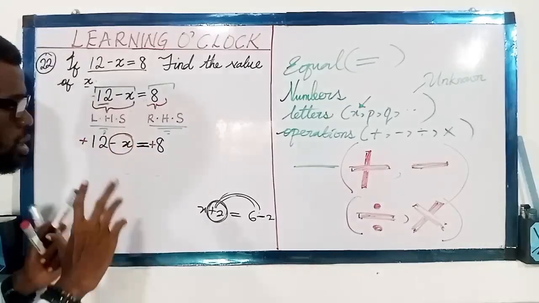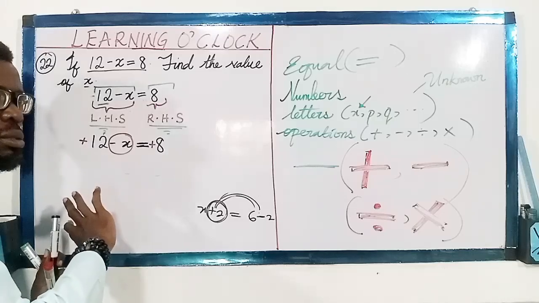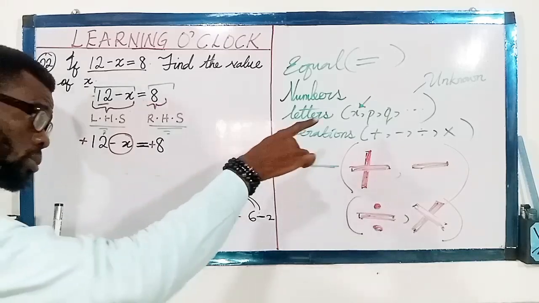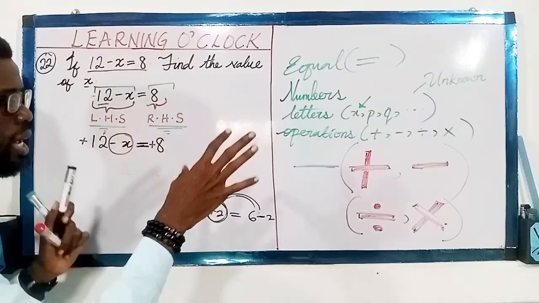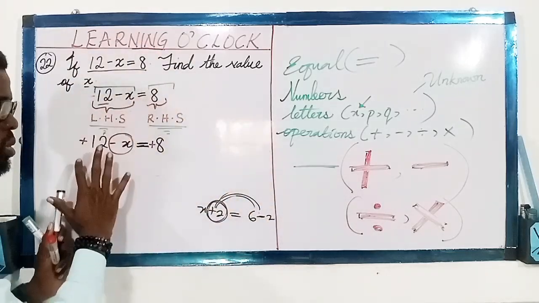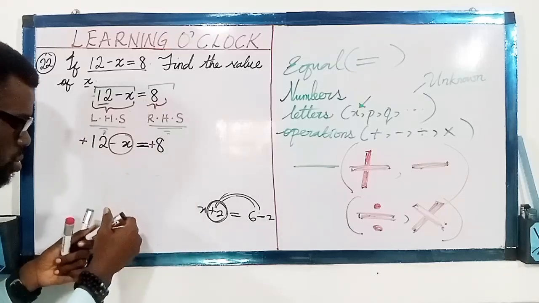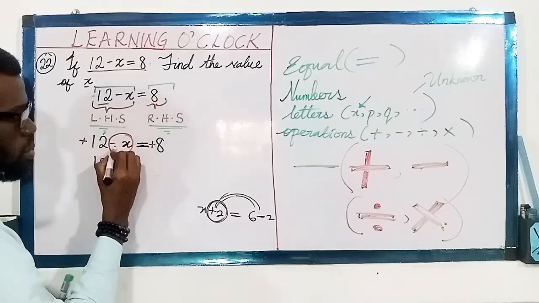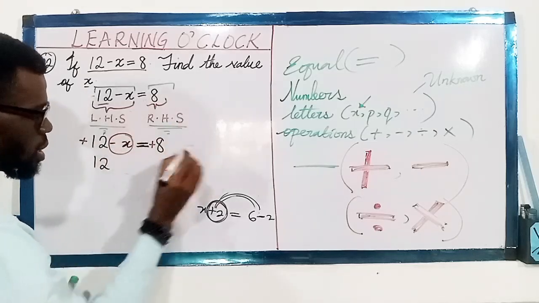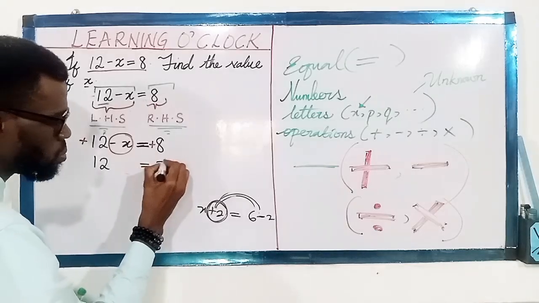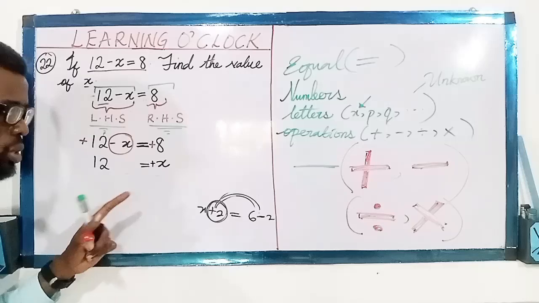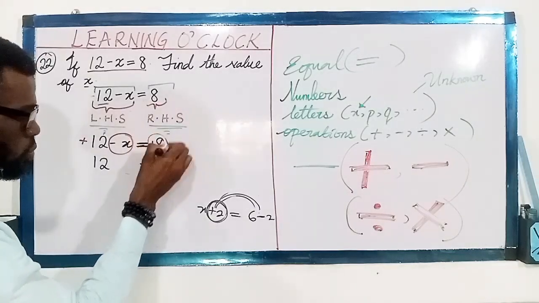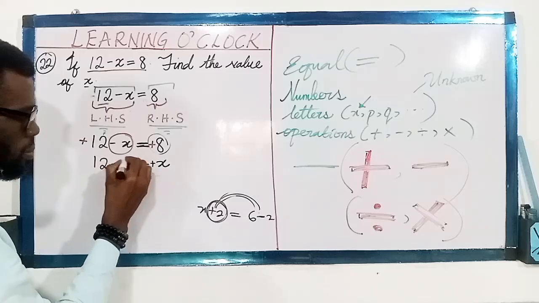Let's move the letters, the variables, to one side and the numbers to one side. Let's do this carefully. This is 12 minus 8, and remember, if it moves here, it becomes plus x, and when 8 moves, it becomes minus 8.